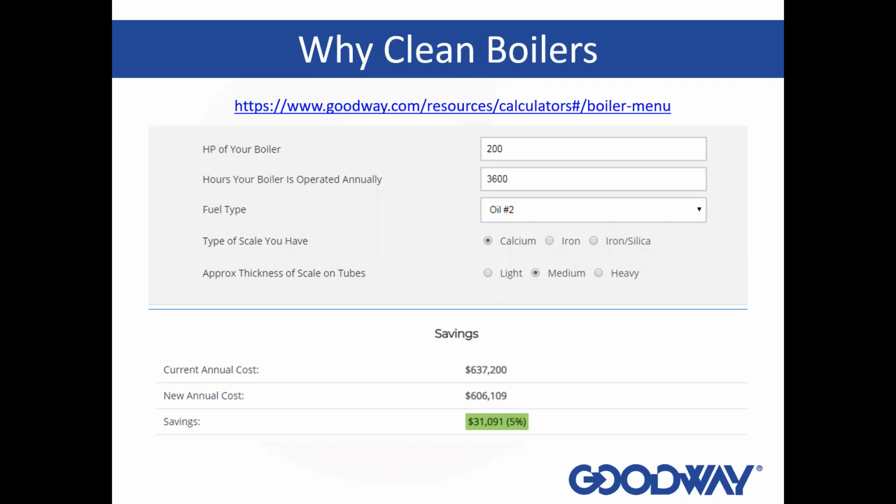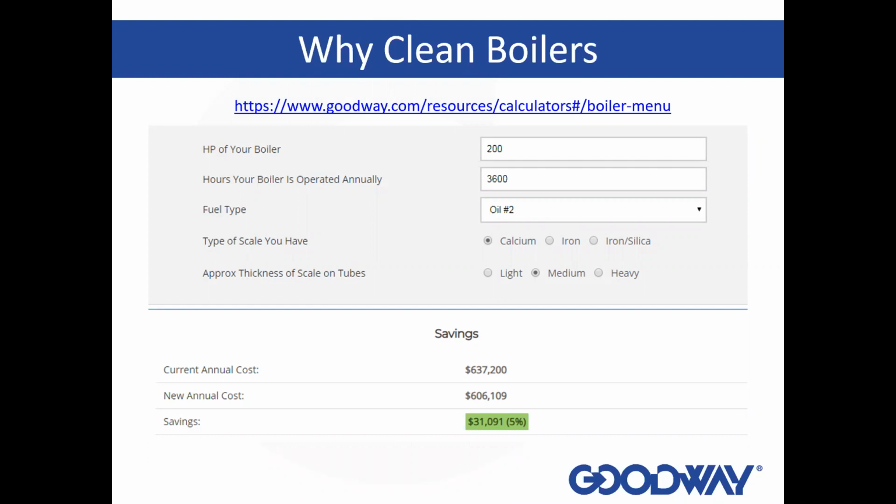So you have to burn more fuel to get a pound of steam than you would if you had a clean tube. So these calculators go to basically the input parameters, where you just put in your horsepower.